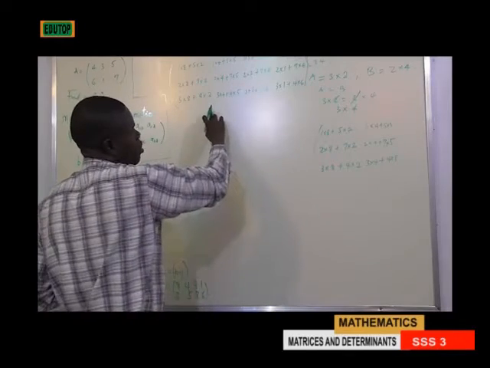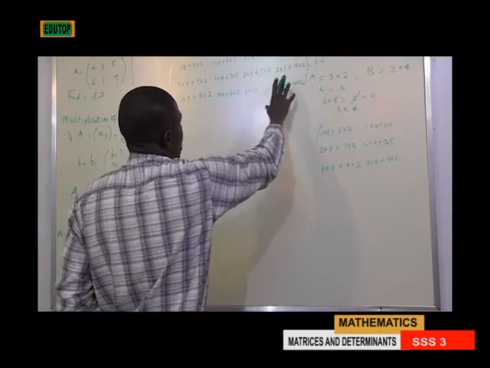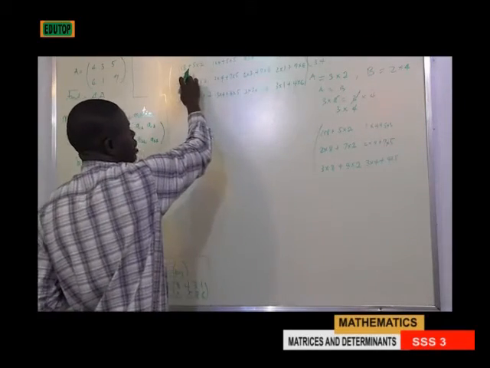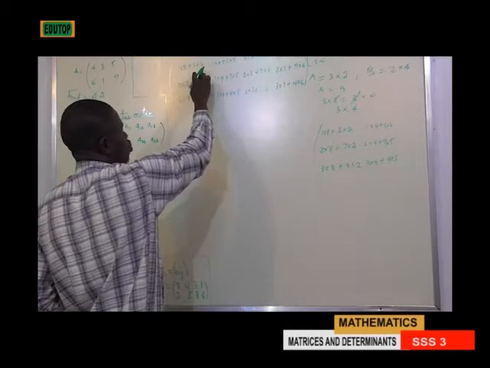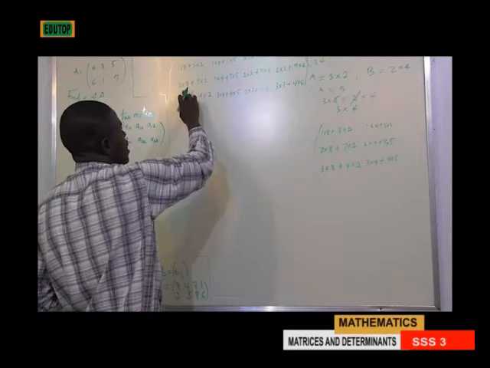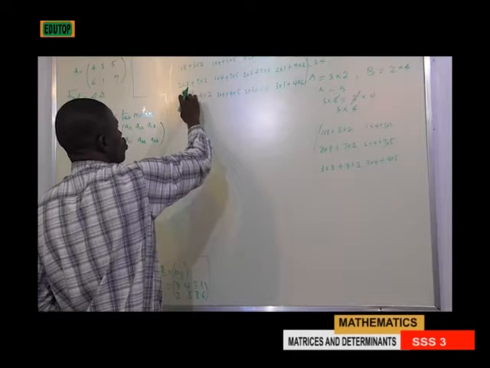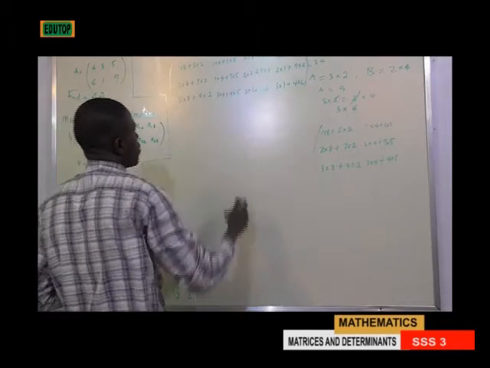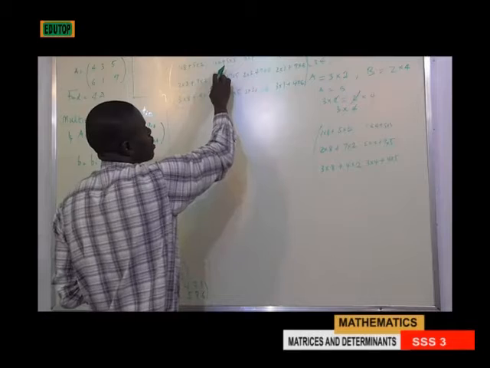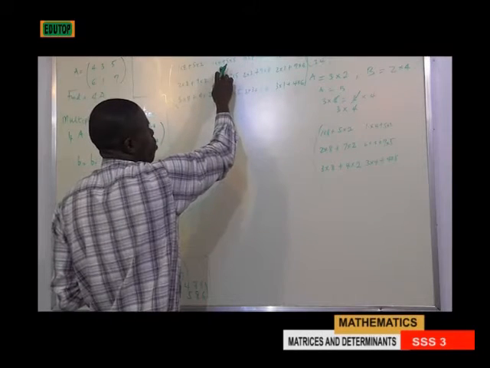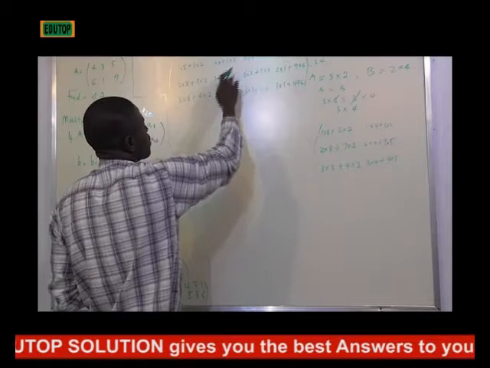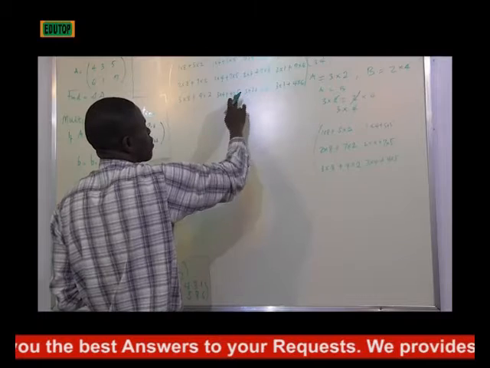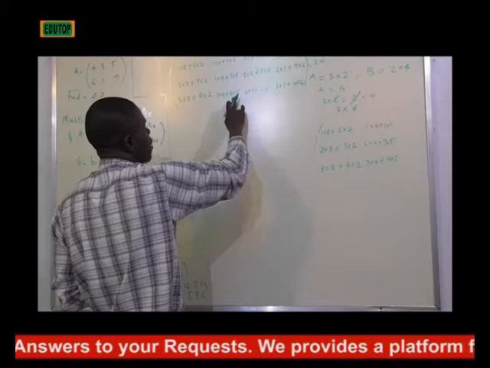Let's cross-check it again to be sure that we have the right result. 1 times 8 plus 5 times 2, yes. 2 times 8 plus 7 times 2, yes. 3 times 8 plus 4 times 2. Then the second case, 1 times 4 plus 5 times 5, yes. 2 times 4 plus 7 times 5, yes. 3 times 4 plus 4 times 5, yes.